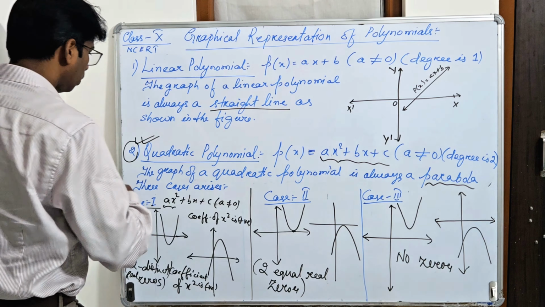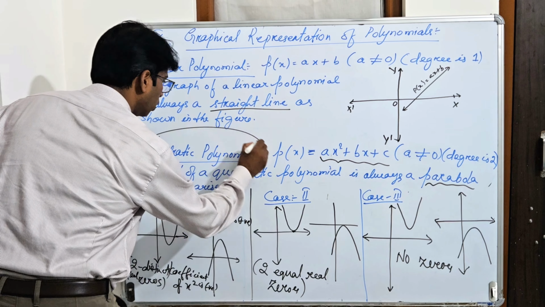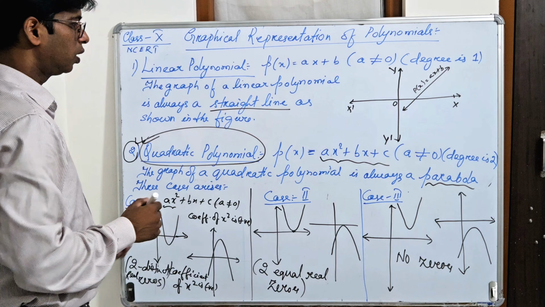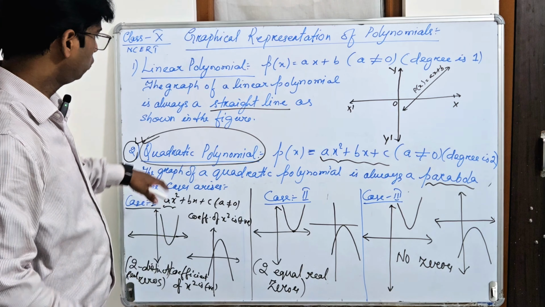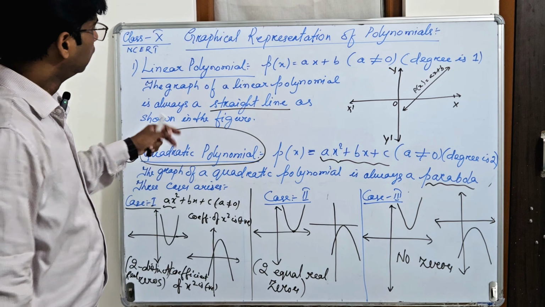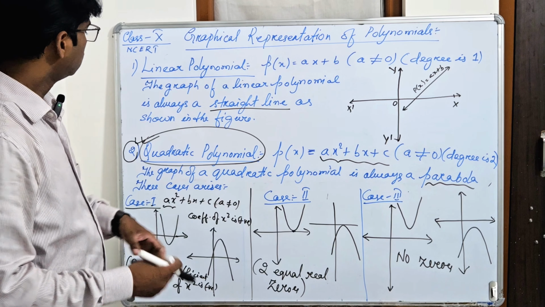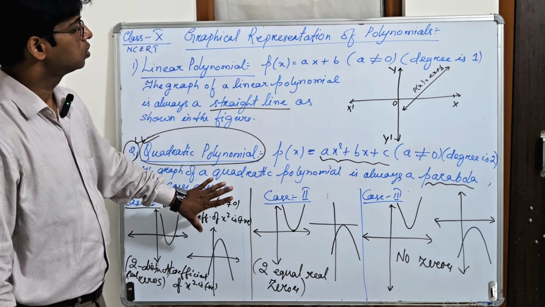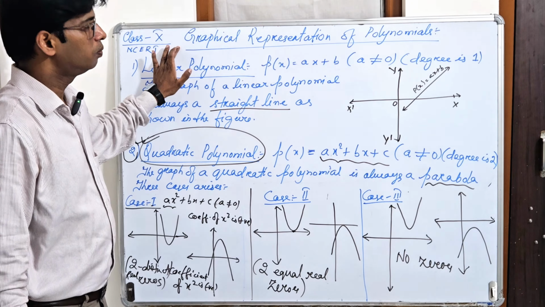The quadratic polynomial is a very important topic because every question will be related to it in the class 10 syllabus. So this is just a short discussion over the graphical representation of polynomials.